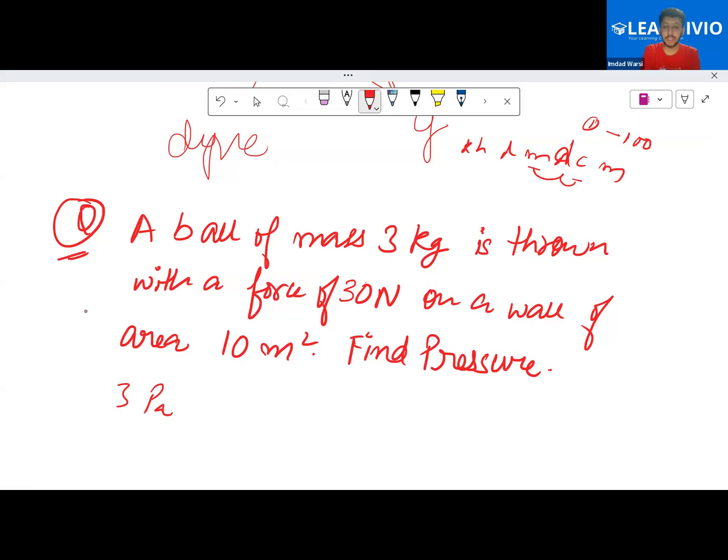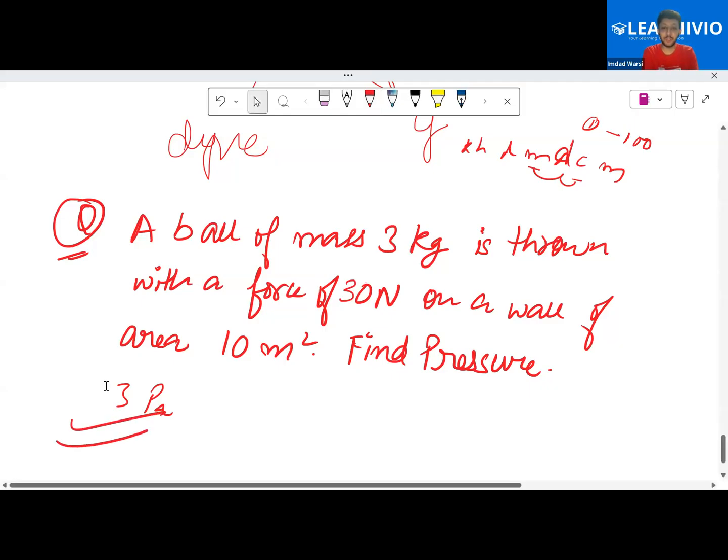Okay. So you put force as 30 and area as 10, and you got 3. Is that a final answer? Okay, all right, it's correct. I'm just trying to test you.